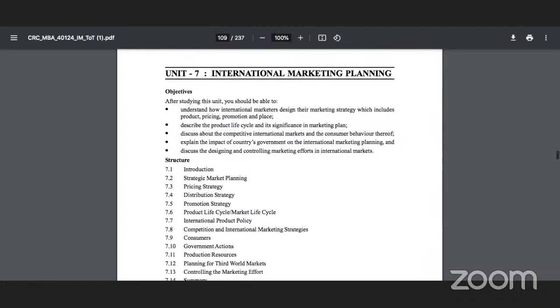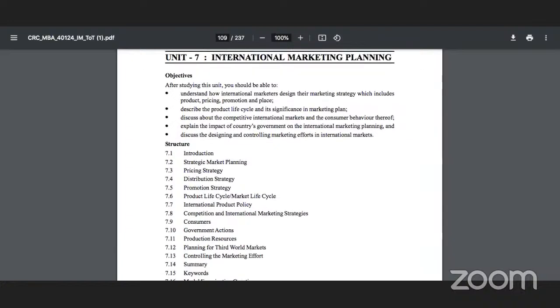In this, we'll fundamentally be understanding how international marketers design their marketing strategy. This includes product, pricing, promotion, and place. Then we'll also be describing the product life cycle and its significance in marketing plan.